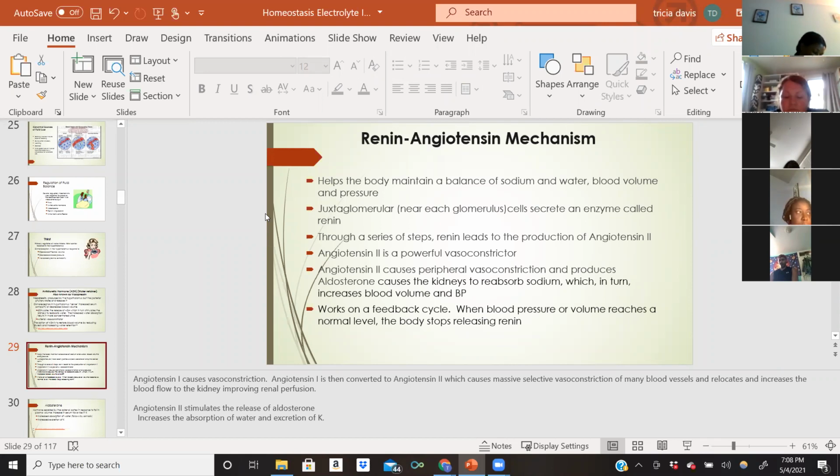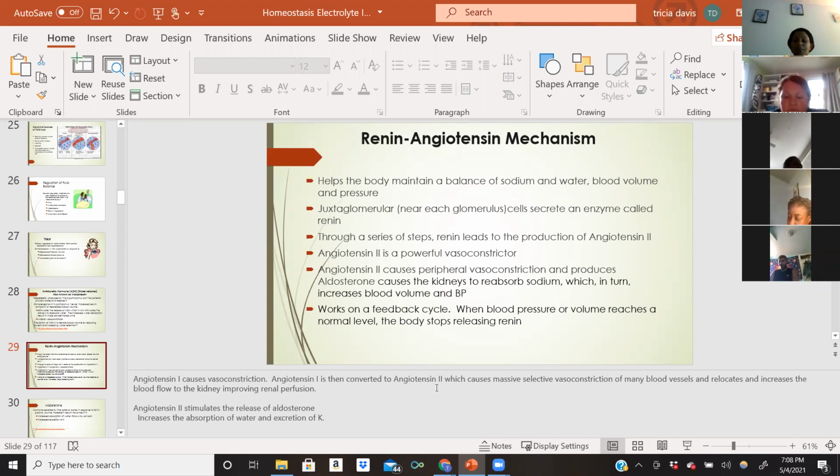So what happens is angiotensin 1 causes vasoconstriction, okay? It causes constriction in your veins. Everything gets smaller. When that happens, it's going to convert angiotensin 1 into angiotensin 2. I have this in the notes section for you if you're looking.